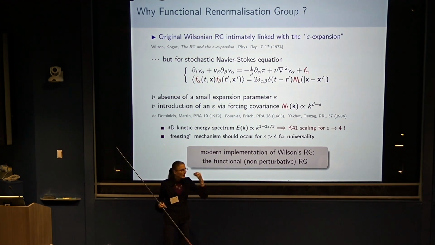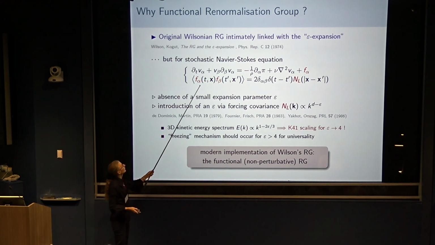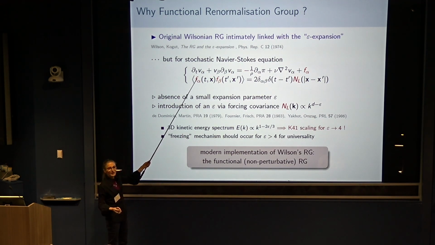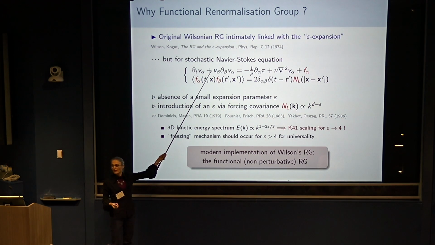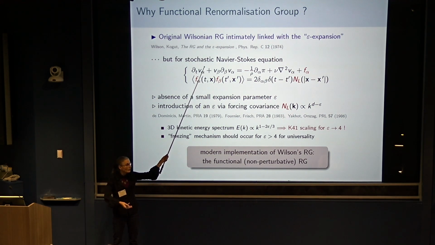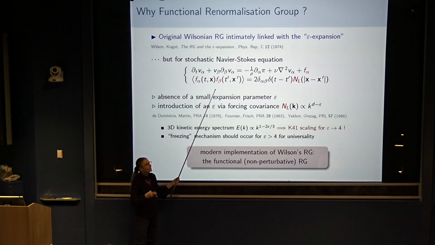And people knew only how to exploit this framework within an epsilon expansion. But the problem is for Navier-Stokes, you don't have such an epsilon. Because the coefficient of the nonlinearity is not epsilon, it's not small, else you just kill the turbulence. And you don't have something like an upper critical dimension above which fluctuations would become negligible.